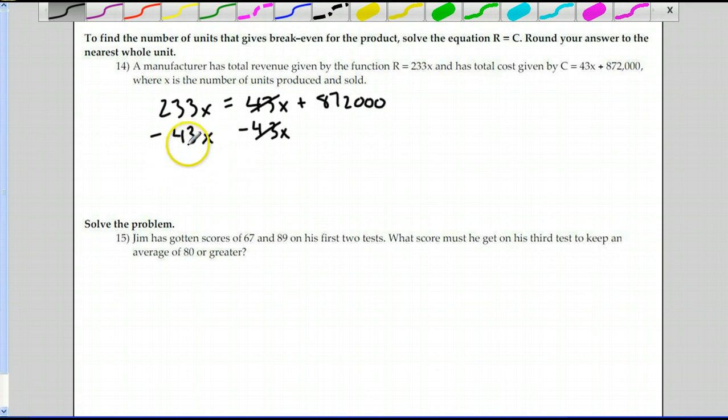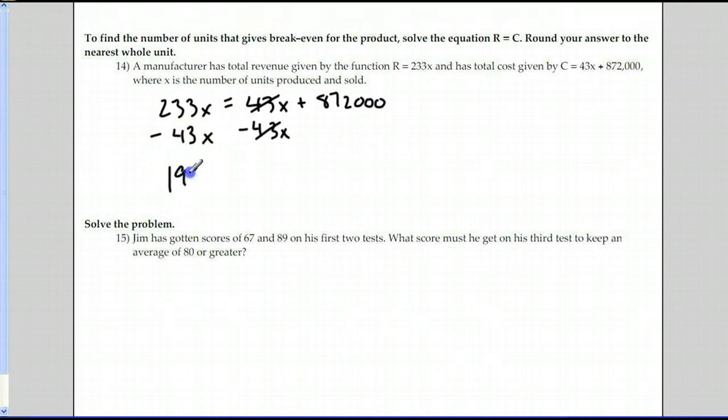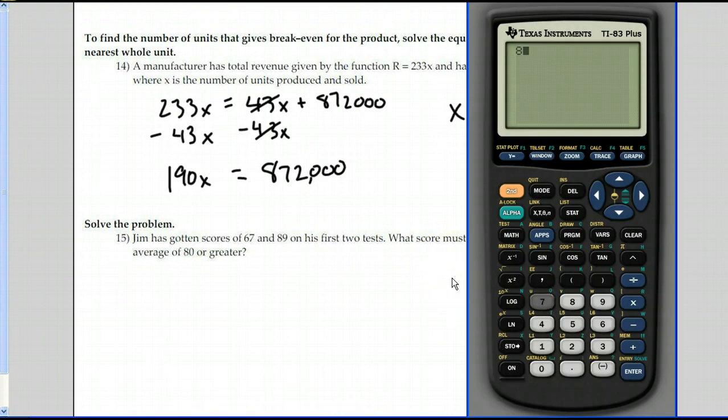And this side will be 190X equals this 872,000. Alright, divide both sides by 190 and you get 872,123 divided by 190 equals that.